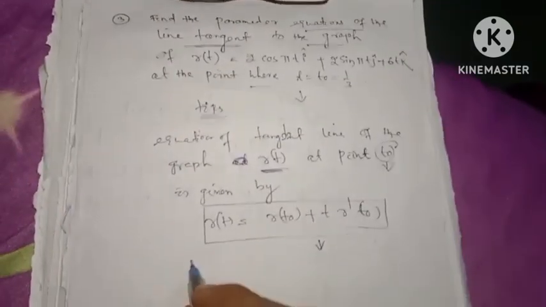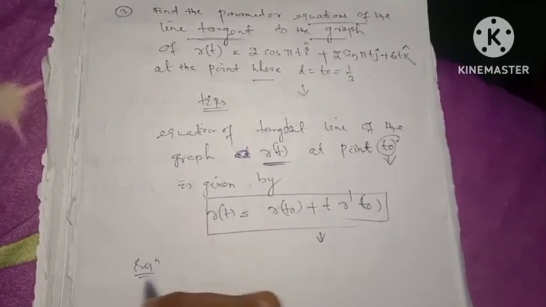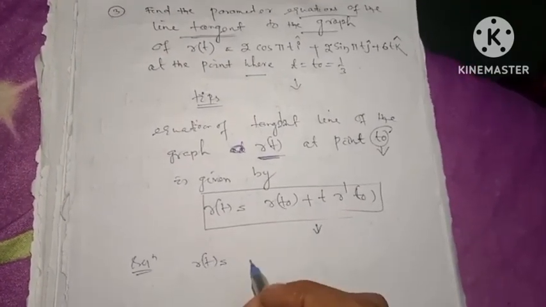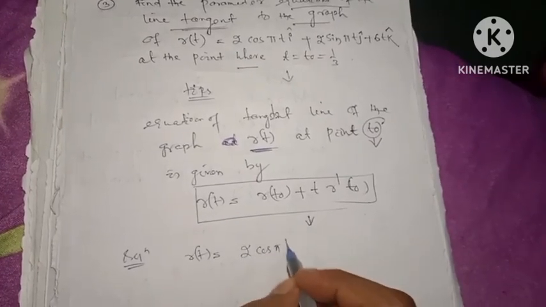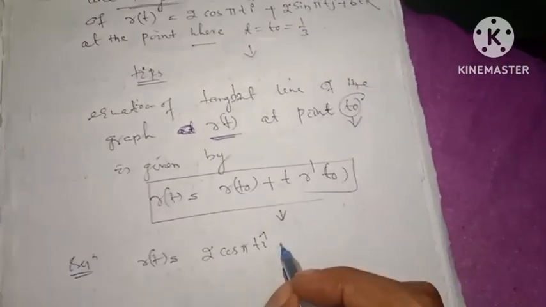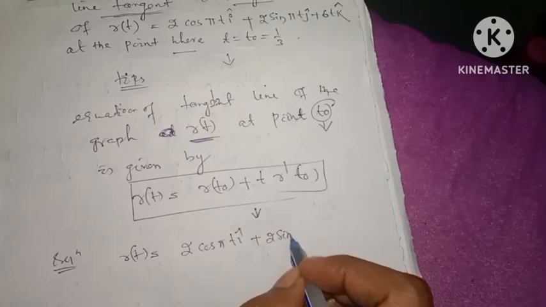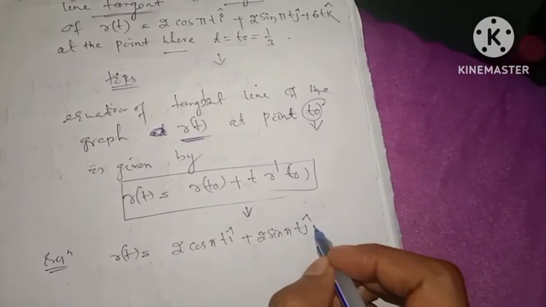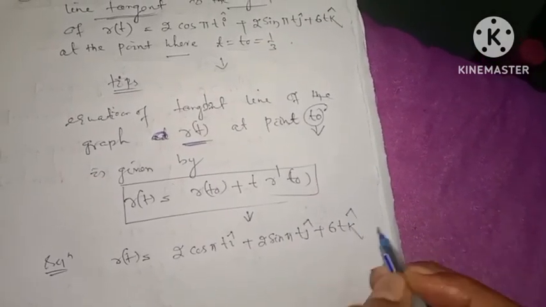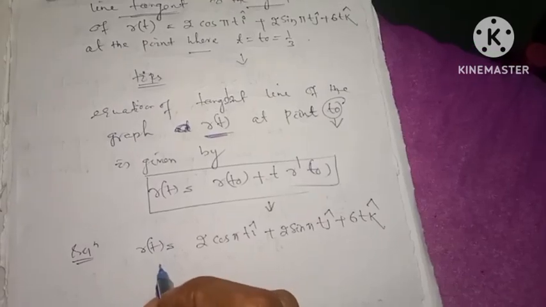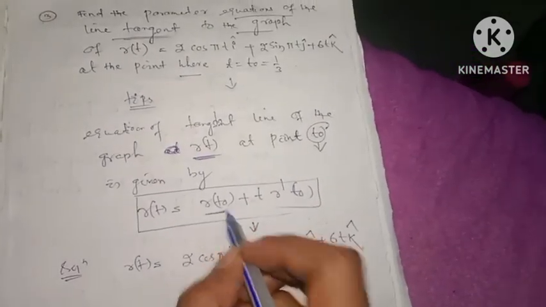So what is the solution? r of t means 2 cos pi t i cap plus 2 sin pi t j cap plus 6t k cap. First I will find r of t naught.